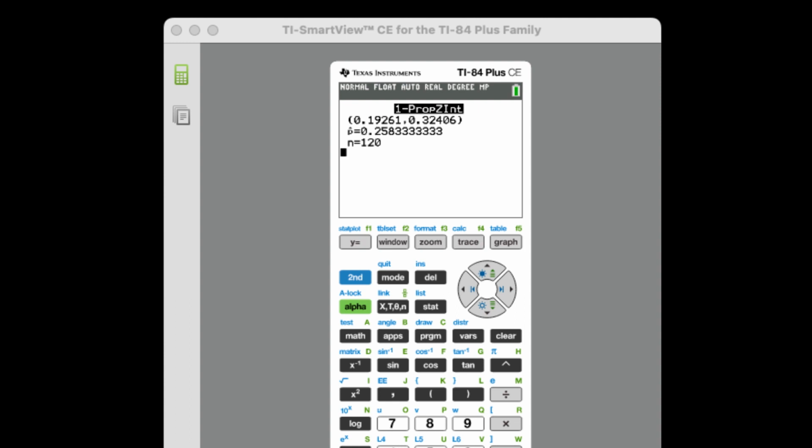And so, ladies and gentlemen, let's read what it says. Let's go to the thousands. What does that mean? 0.193. Good job. Less than P. Less than what? 0.324. We say this with what kind of confidence? 90% confidence.